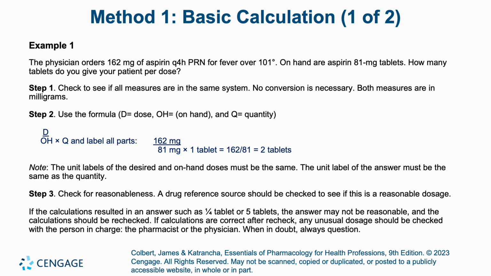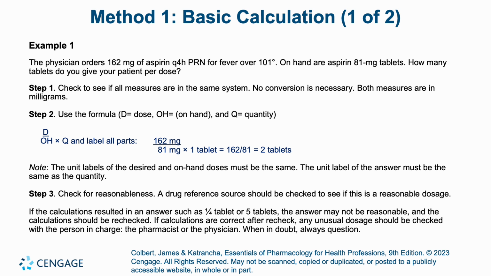PRN means as needed for fever over 101. So you can give this dose up to once every 4 hours if they meet the criteria, meaning if they have a fever over 101, you can give that medication. On hand, meaning what you have, are aspirin 81 milligram tablets. How many tablets do you give your patient per dose?